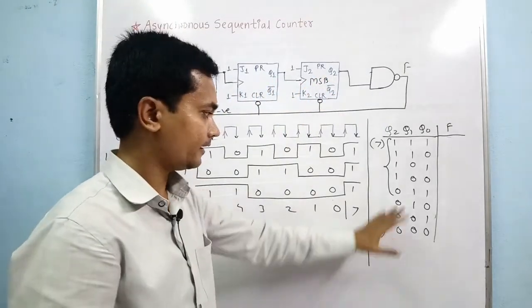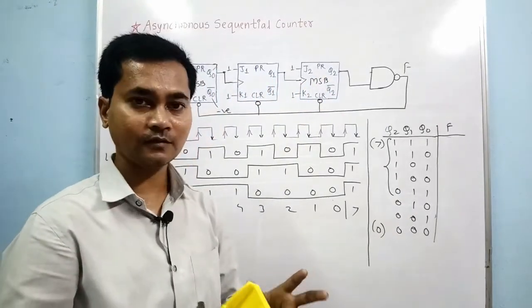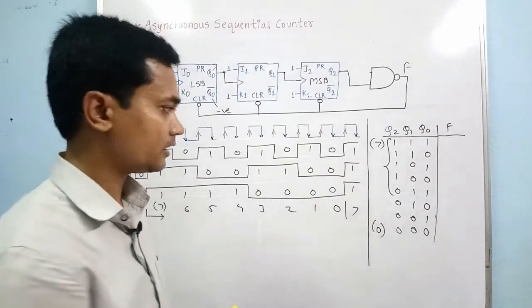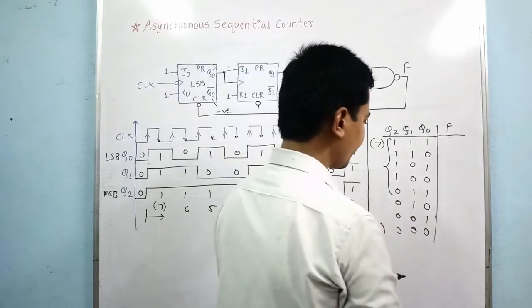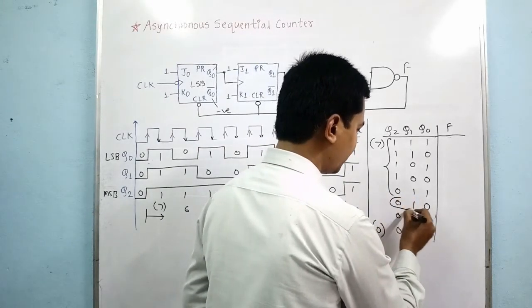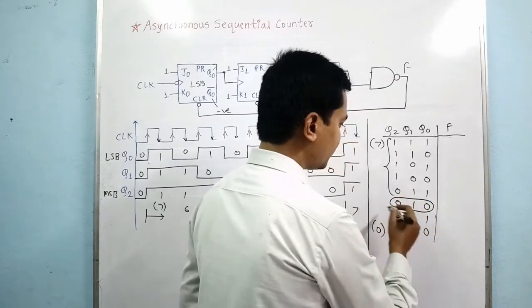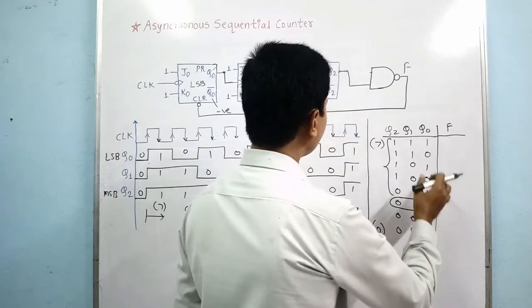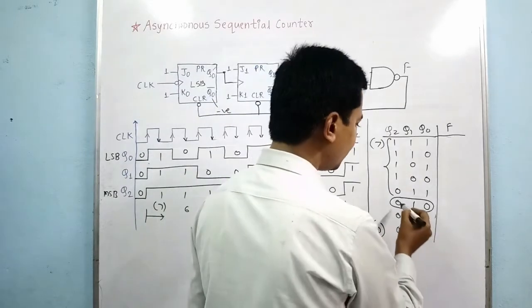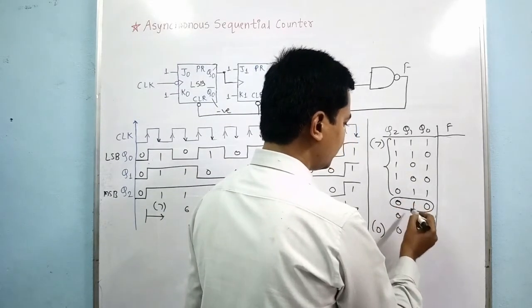So in this case, which logic gate should be used? When the 0 1 0 combination arrives, the flip-flop outputs should go high.